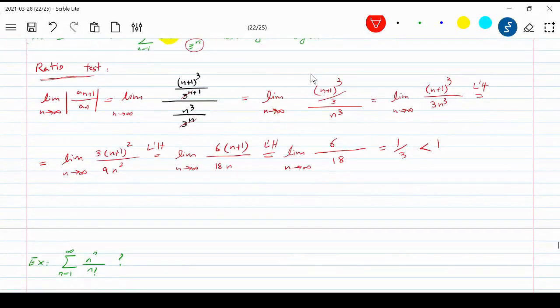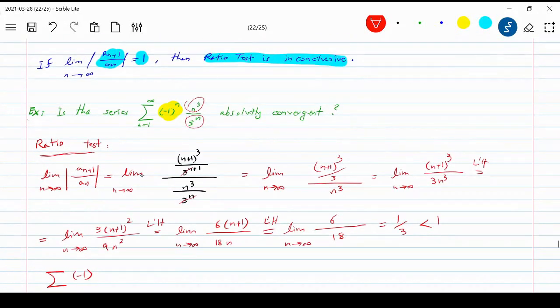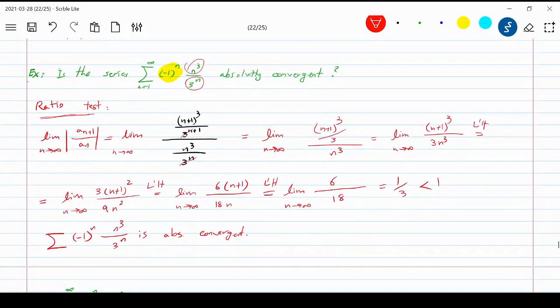So I can say simply that the sum of (negative 1) to the power n times n cubed divided by 3 to the power n is absolutely convergent. That means if we take an absolute value, it's convergent. Without the absolute value, it's also convergent.